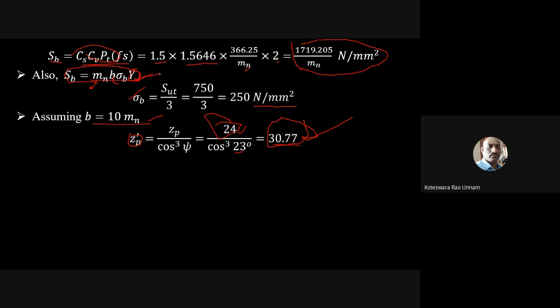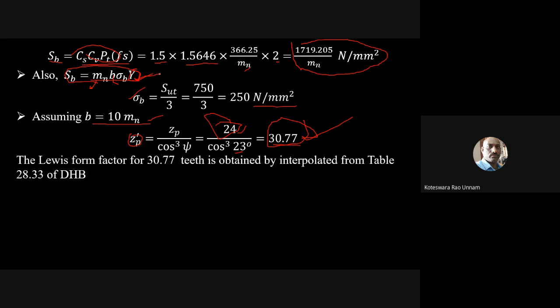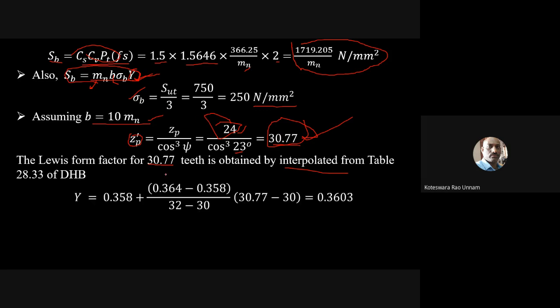For that, in the data book, he has given the values for 30 and for 32. So we need to calculate the value for 30.77. That value can be obtained by interpolation of the values corresponding to 30 teeth as well as 32 teeth. If you refer to table 28.33 of our design data book, or the material I shared with you in the WhatsApp group, for 32 teeth, of course here the pressure angle is 20 degrees, you need to remember that also.